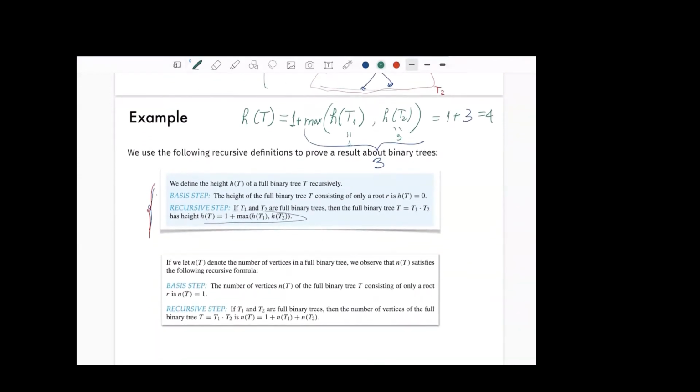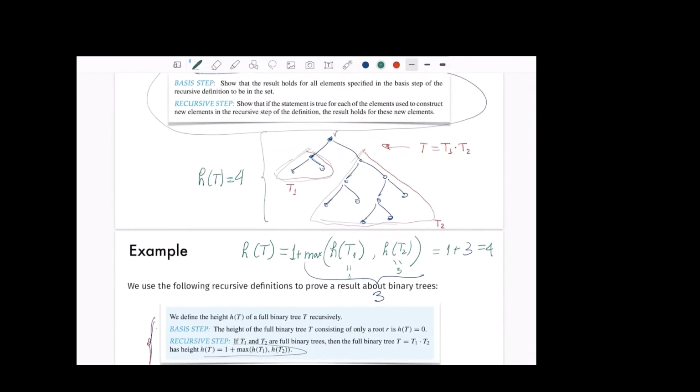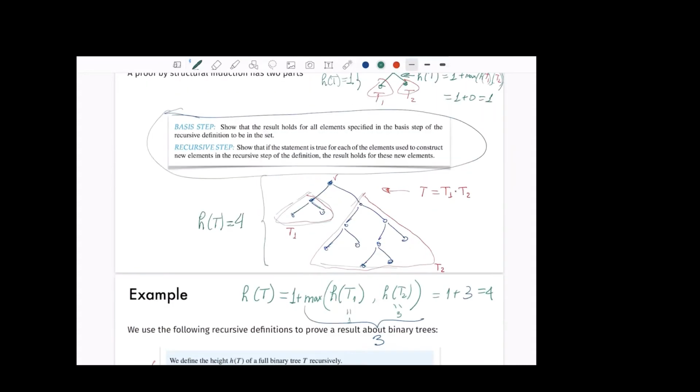There's one more thing. Let's define this. We also want to define the number of vertices in a tree. So these guys are called vertices. These are rooted trees. One of these vertices is selected to be a special vertex.